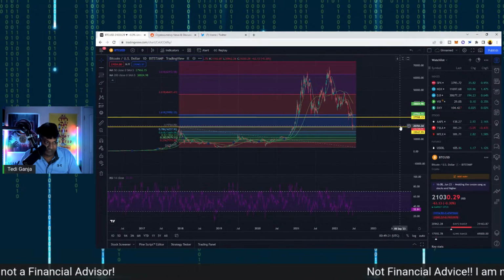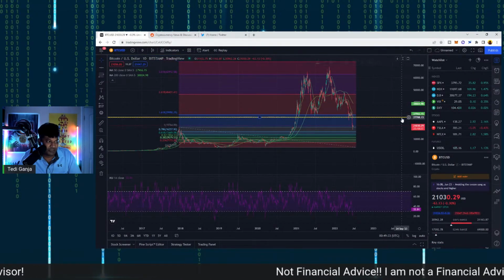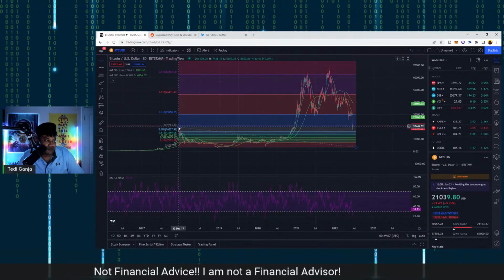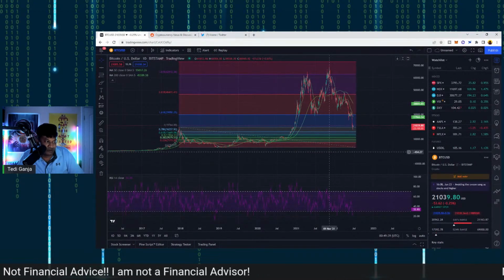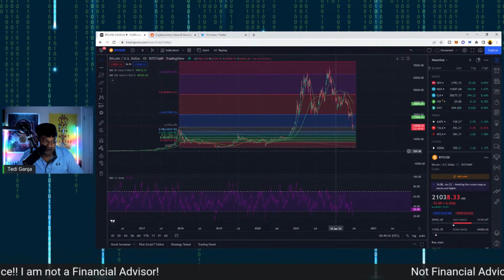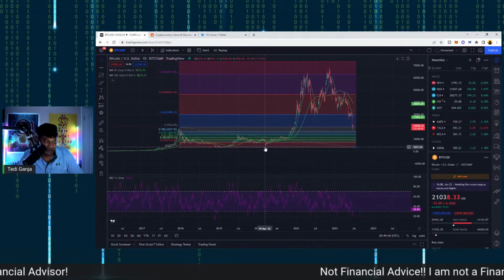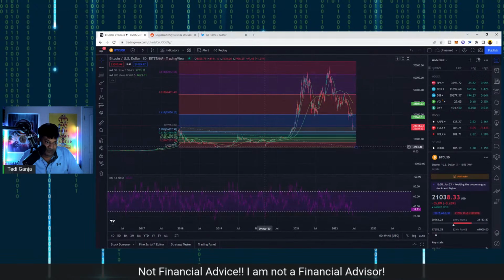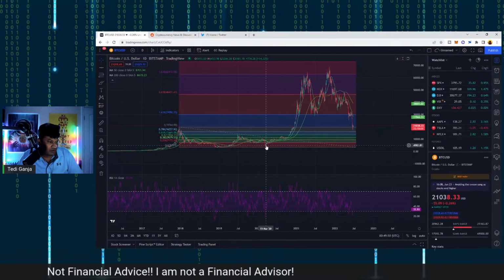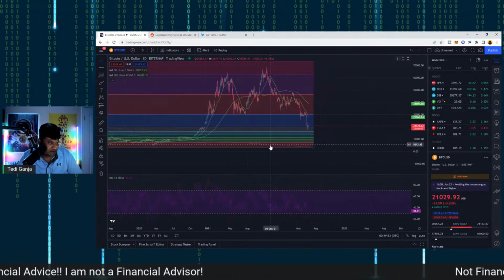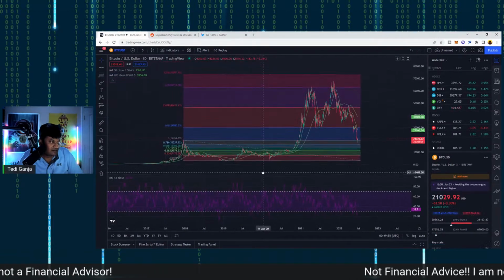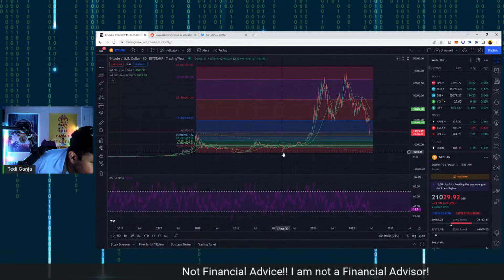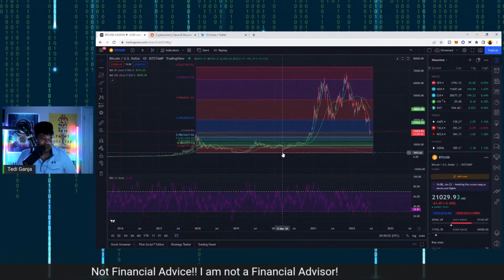So the initial Fibonacci that I drew is from 2019, 2017's high to the low. So the 0 is on the low. I just extended it out, but that low is March 2020. So March 2020 low was about what, 3,000? Was it really 3,000? You lying to me? Yeah, 3,000 March 2020.